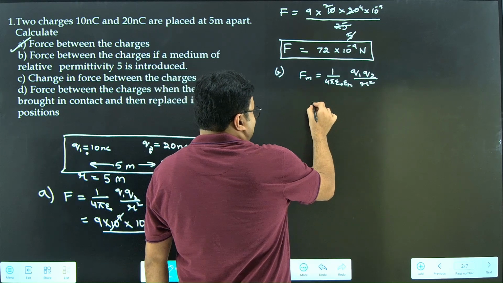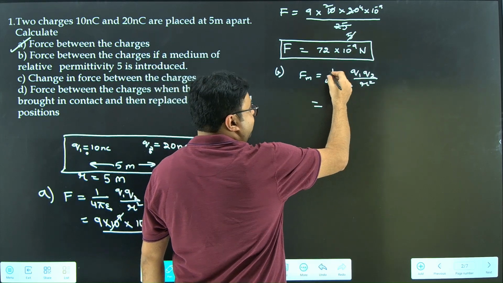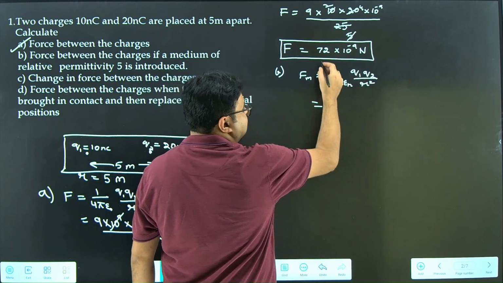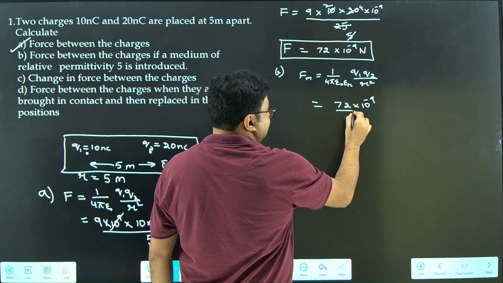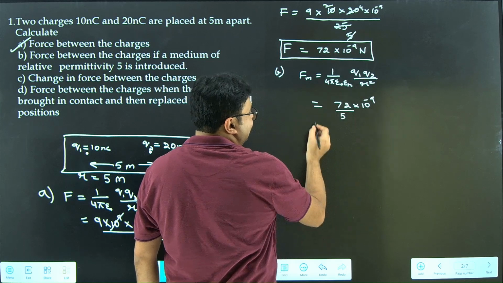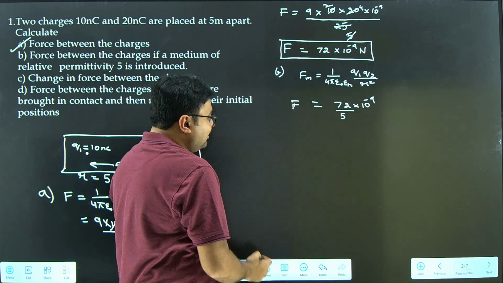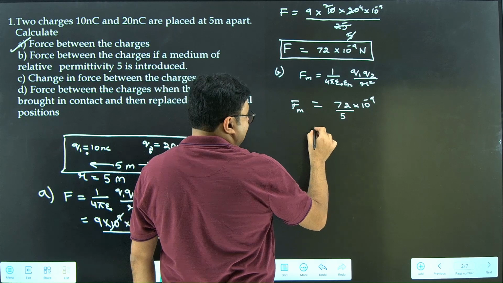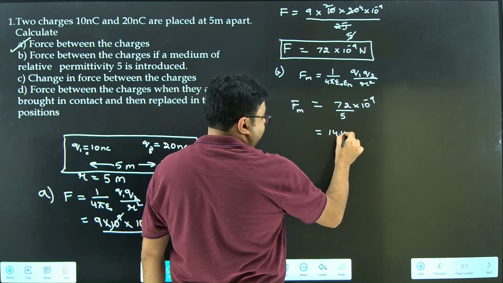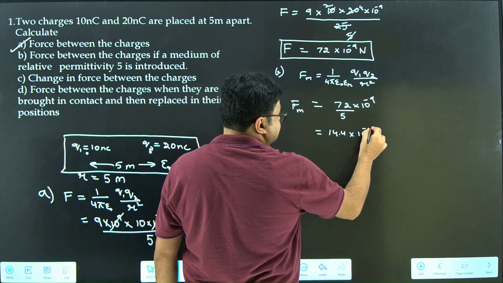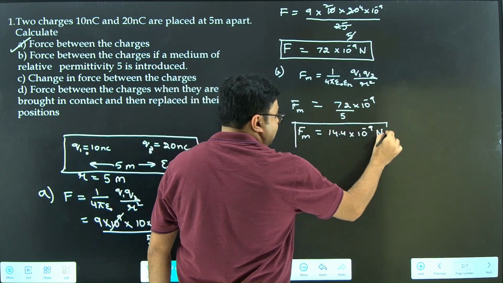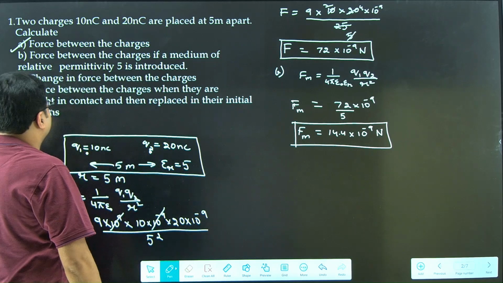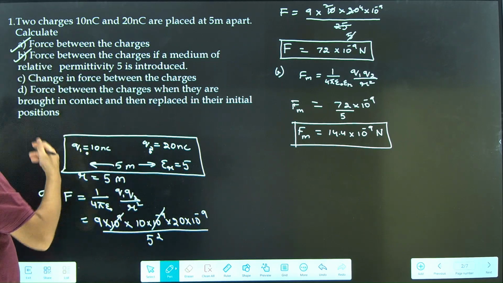That means whatever answer you got, 1 by 4 pi epsilon naught Q1 Q2 by R square, which is essentially 72 into 10 to the power of minus 9, you just have to divide it by epsilon r, which is 5. That would be the answer for Fm, and it turns out to be 14.4 into 10 to the power of minus 9 Newton. That is the force between the two charges in the medium. As simple as that. The B part of the question is now answered.